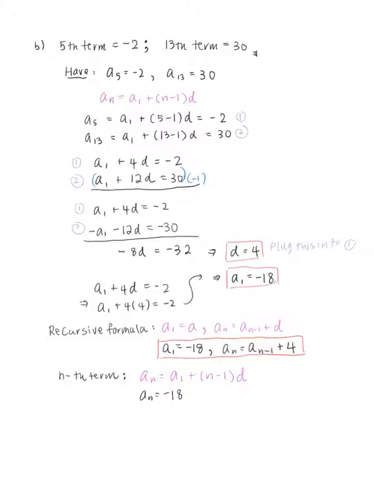And then plus n minus 1 times 4. All right, so then simplify a bit. So plus 4n and then minus 4. So therefore, our nth term formula is going to be negative 22 plus 4n. And we're done.